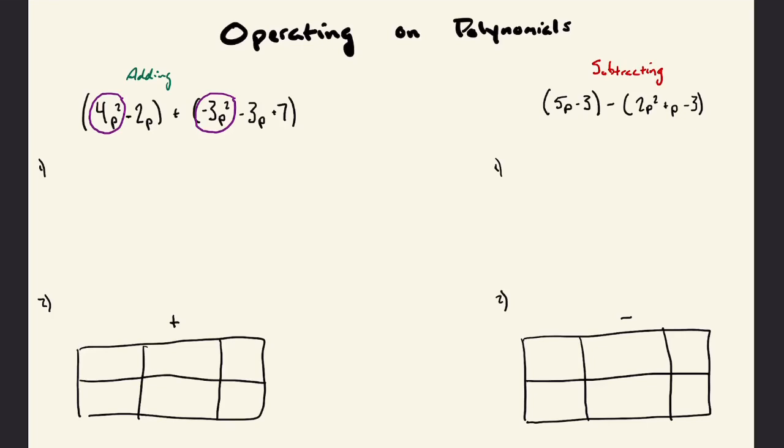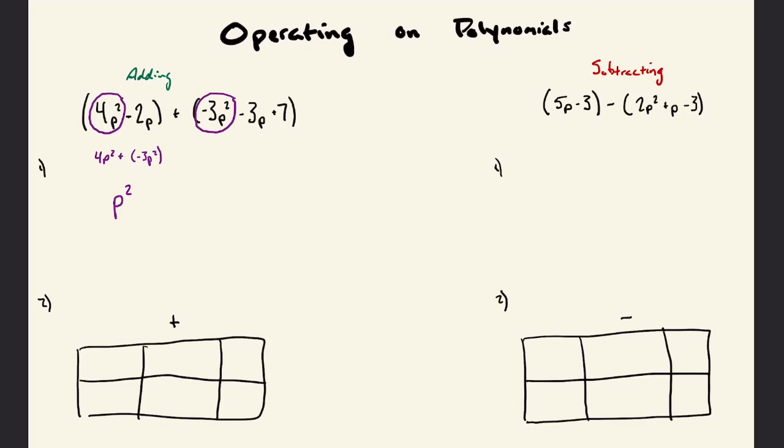So we're going to add 4p squared plus negative 3p squared, and put that right here. 4p squared plus negative 3p squared gives us p squared. Technically 1p squared, but again, in algebra, we don't need to show that one. So we're just going to write it as p squared.